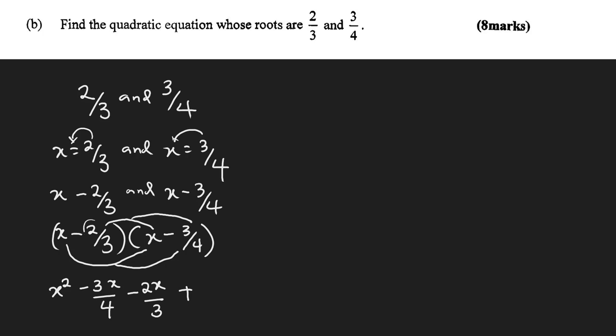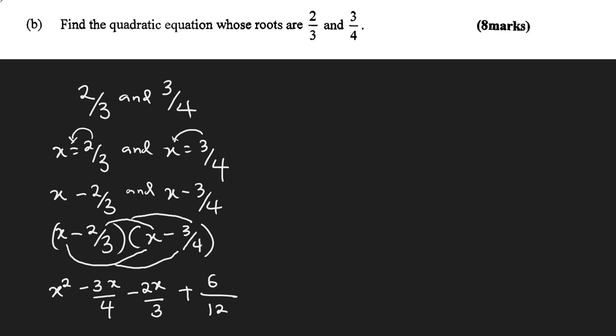Then 2 times 3 is going to be 6, so write 6 here over 3 times 4, which is 12. So we have 12 here. Right? The next thing to do is let's take the LCM.